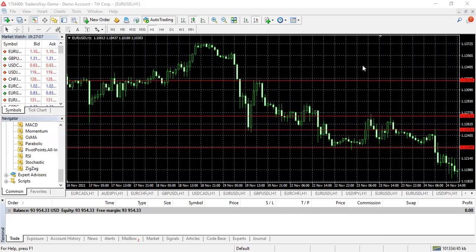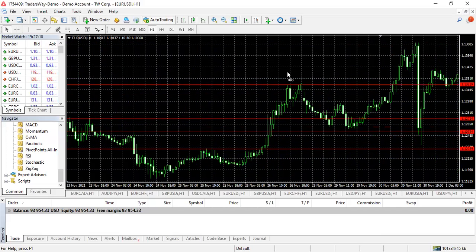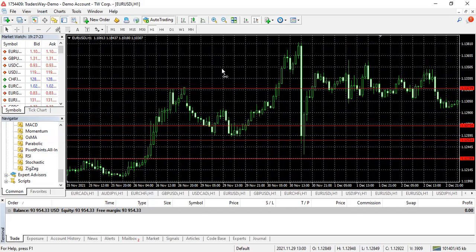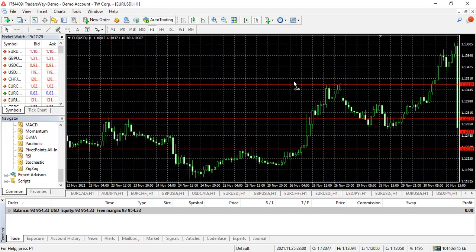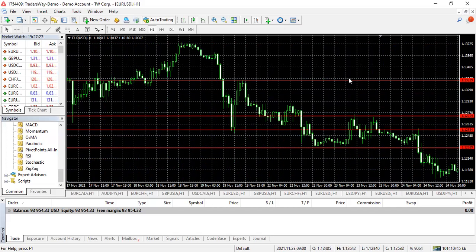So now, in support and resistance, we have what we know as uptrend, we have downtrend, and we also have sideways trend. So when you see a pattern like this, let me remove my horizontal line.